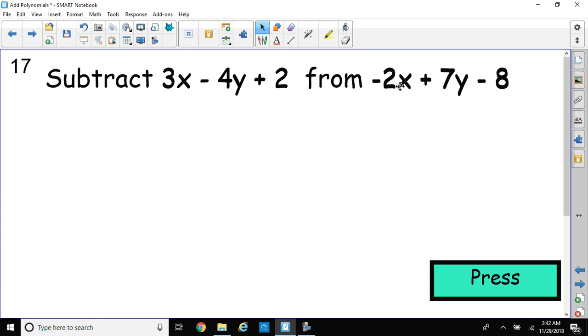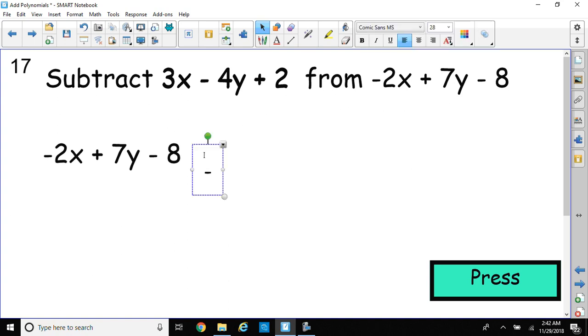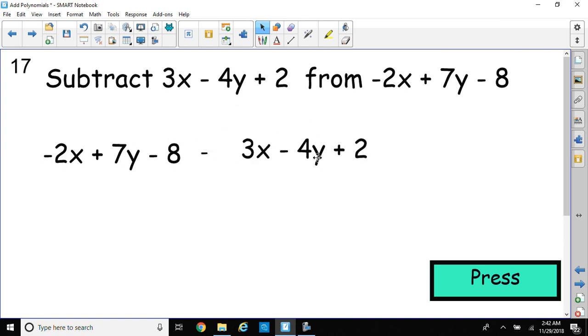But you have to remember from is like less than. It implies that there is a switch in order. So this would become first, and then you would have your minus sign, and this would come second. So there is what you would have to subtract.